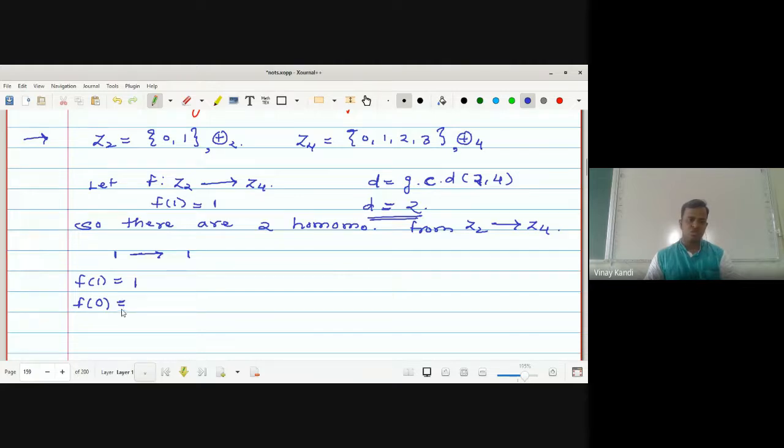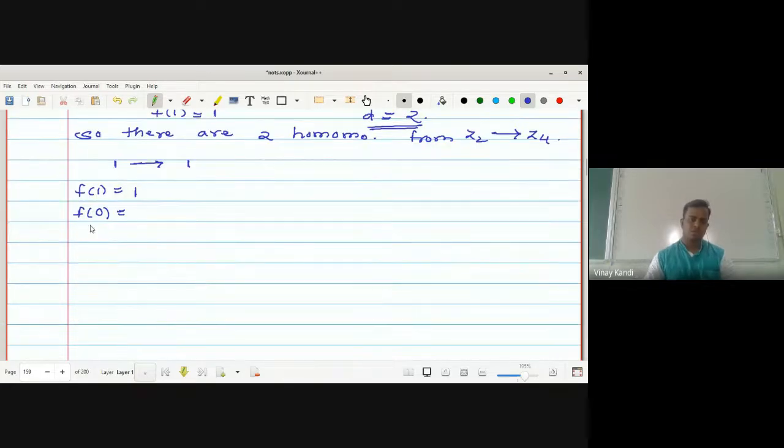Then here 0 will map, if f is a homomorphism, as follows. We can write 0 as f of 1 plus minus 1. Since f is a homomorphism, this is f of 1 plus f of minus 1.